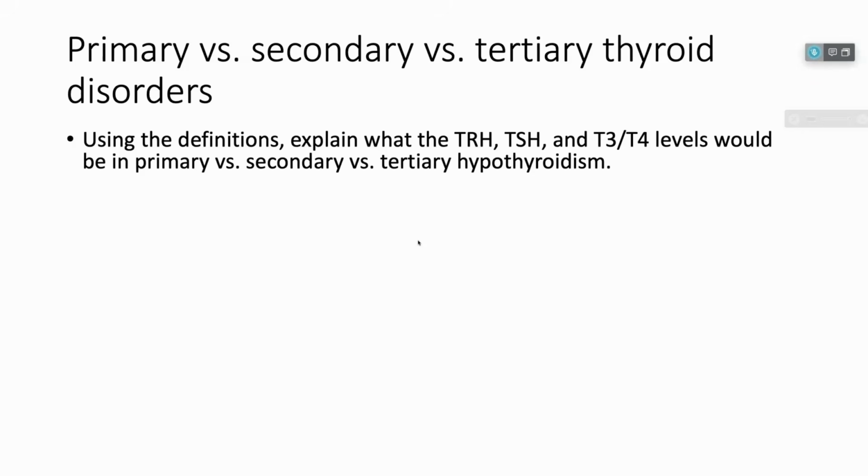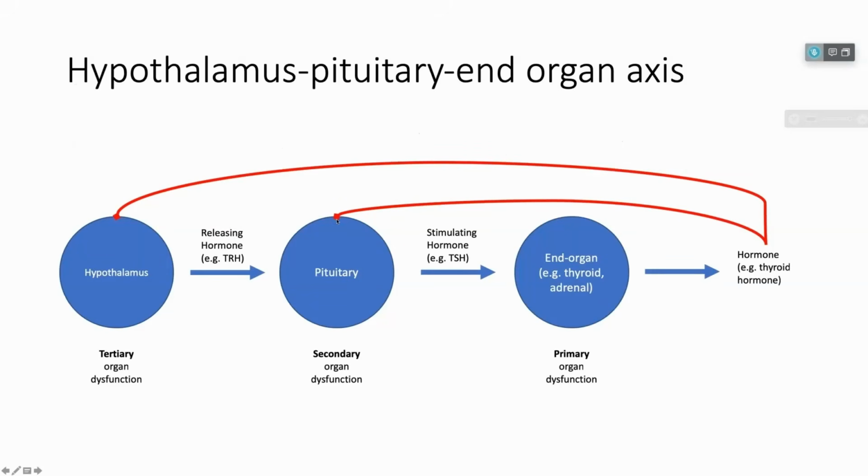There's really only one skill that you need to understand about endocrinology, and it's this. You need to understand feedback inhibition. You need to understand that the hormone is going to suppress the hypothalamus and the pituitary, okay? So if I have primary hypothyroidism, why would I have high TSH and high TRH? Using the concept of feedback inhibition.